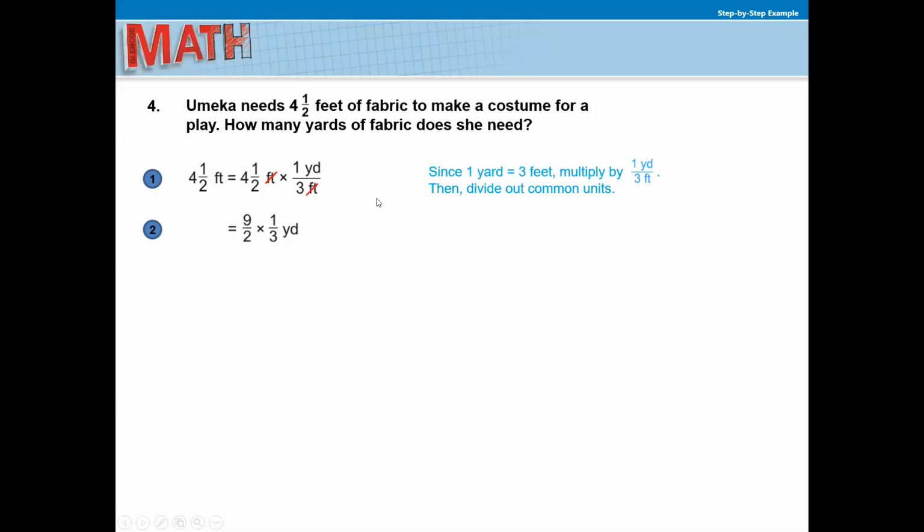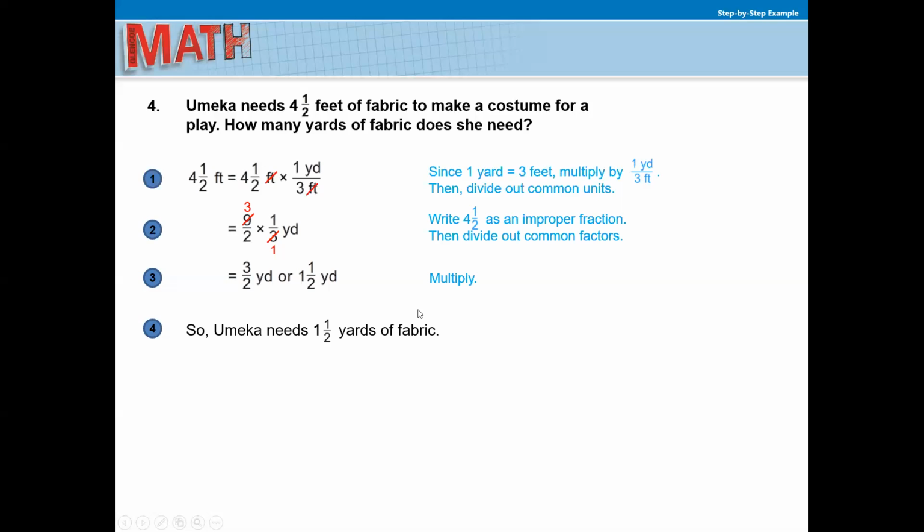Do you see anything we could simplify before we multiply? That's right, the 3 and the 9 have a common factor of 3. Now multiply 3 times 1 is 3, 2 times 1 is 2, so 3/2 of a yard, but that's an improper fraction. So I'm going to divide 3 divided by 2. 2 goes into 3 one whole time with 1 left over, and your denominator stays the same. So Yumika needs 1 1/2 yards of fabric.